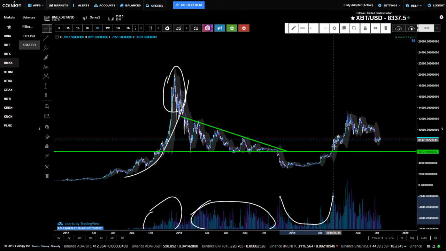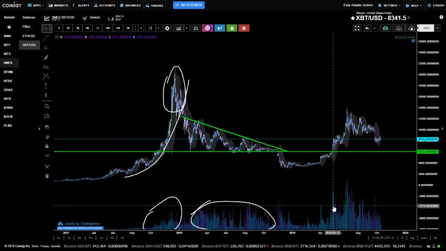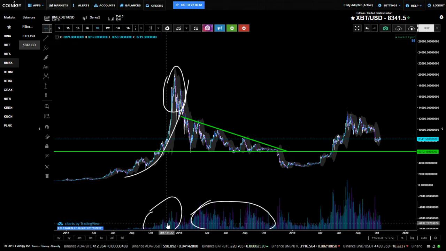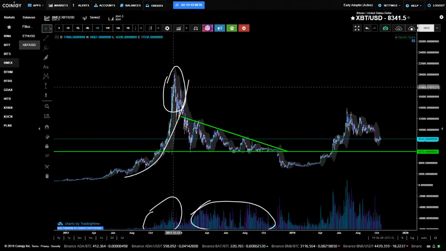So what ended up happening is the moment we broke our previous broken supports, we pierced through our current resistance. Look at the volume that showed up. And not only on BitMEX, compare it on all the exchanges, and compare it to 2017, the top of the bull run. So what does this tell me?